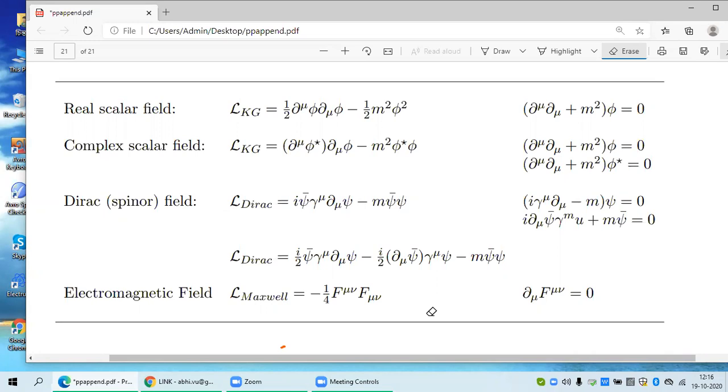So that means 0 spin. That means it has no other components. If it has half spin, it can be plus up, minus up, Sz. Okay, if it is spin 1, it can be plus 1, 0, minus 1. If it is spin 0, that means it must be a single component field.